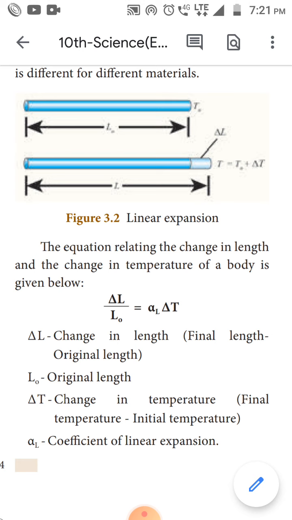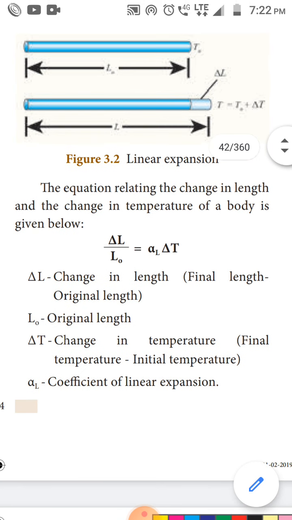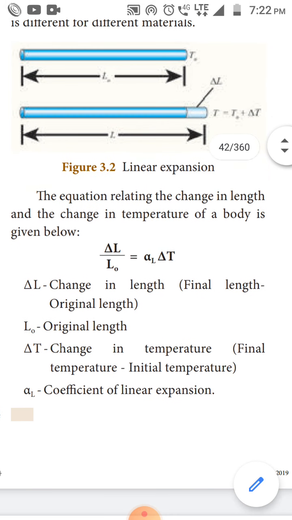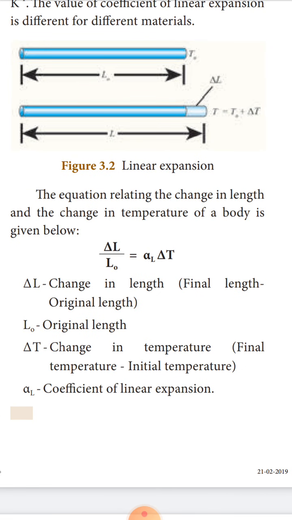Delta T is the change in temperature, final temperature minus initial temperature. Alpha L is the coefficient of linear expansion. Delta L by L0 is equal to alpha L delta T.